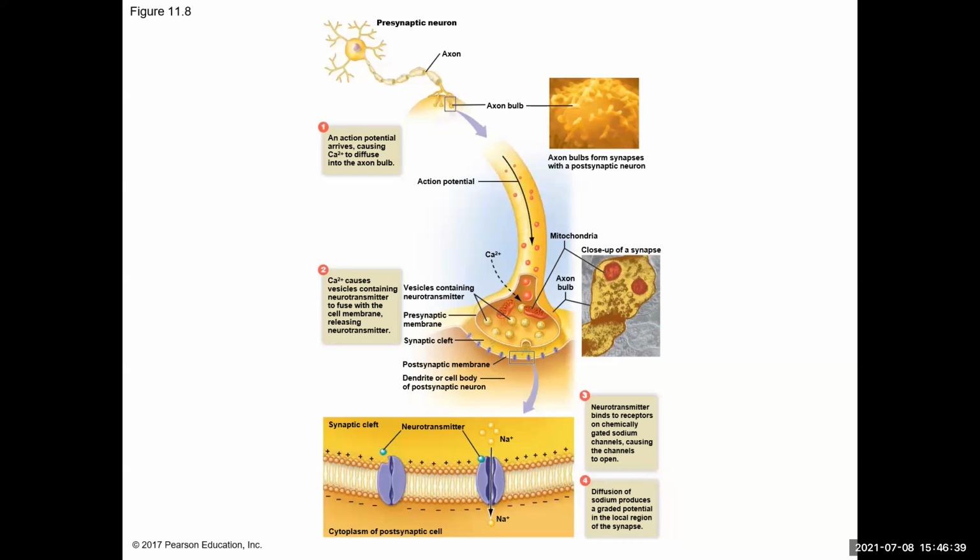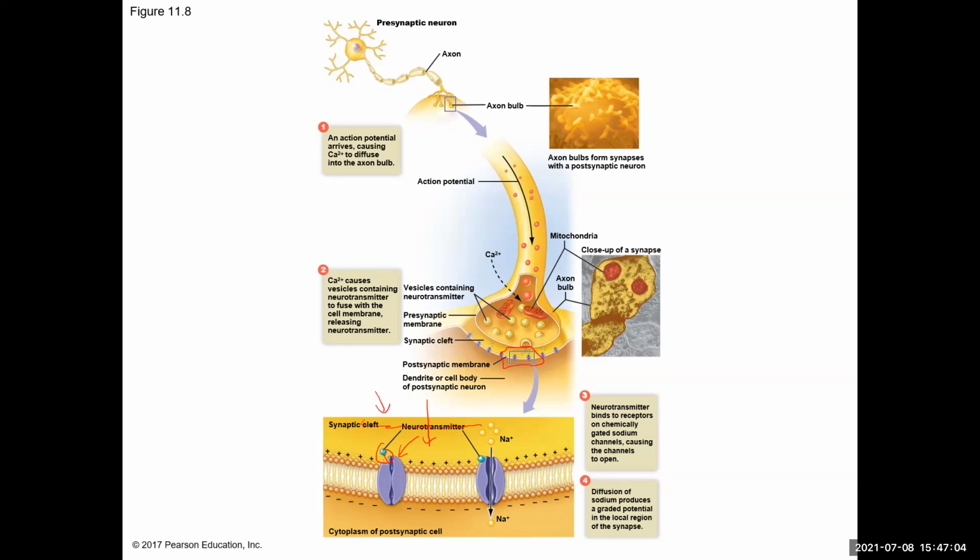Okay. And so if we zoom in to this area, this is what we see here. You have your synaptic cleft up here. You have your neurotransmitter that was released from the axon bulb, which diffuses across the synaptic cleft and then binds to the protein that has a binding site for that neurotransmitter.